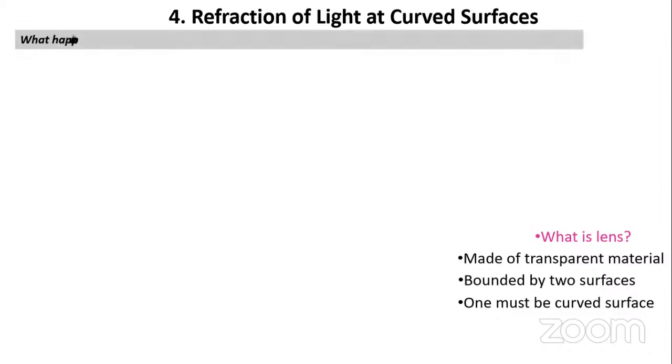What happens to the light rays when they propagate through a transparent material medium bounded by two curved surfaces, placed in the path of light rays? Before learning about that behavior of light rays, we have to learn about the lens first.